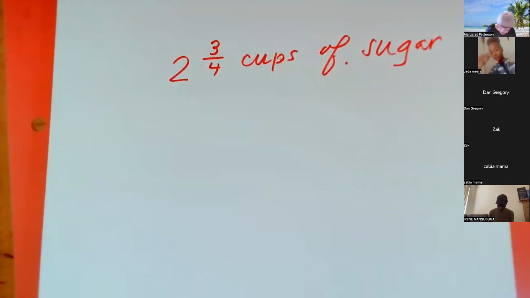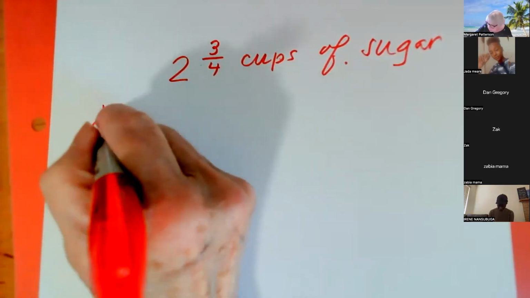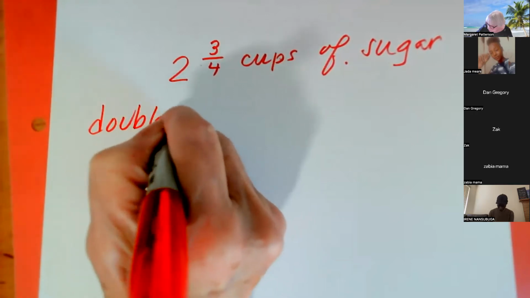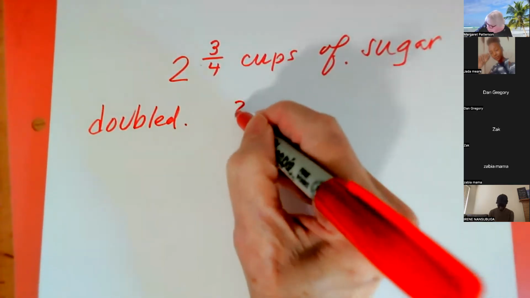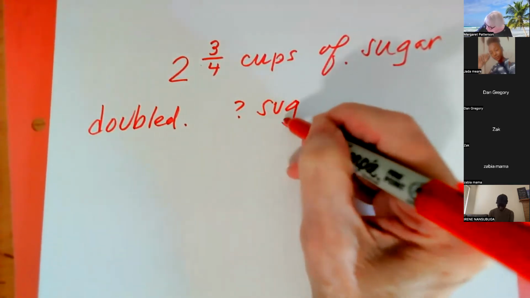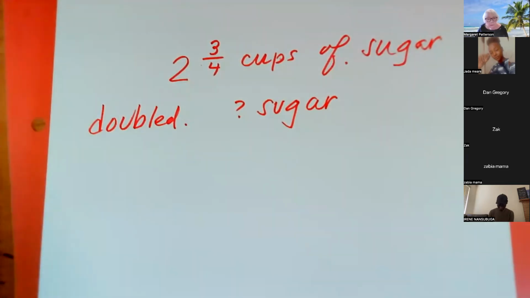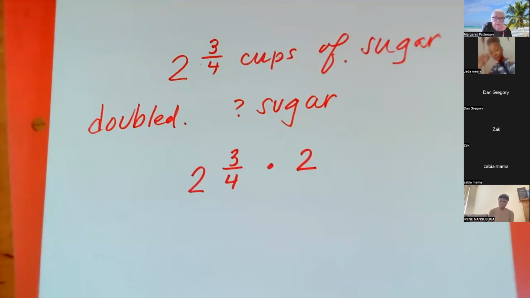If the recipe is doubled, how much sugar? Okay, so we need double. And so double is basically times 2. So the problem goes like this.